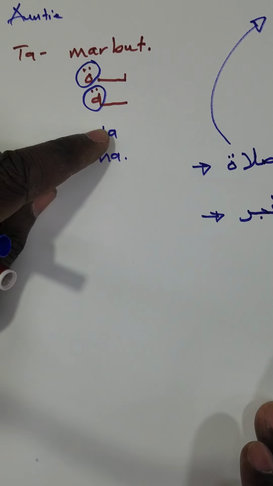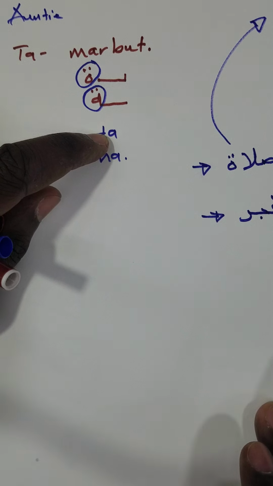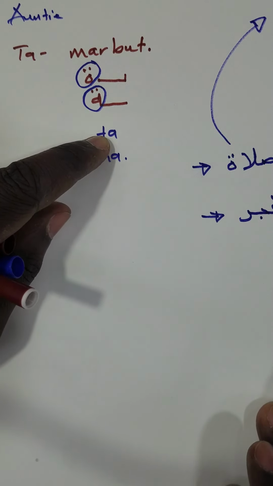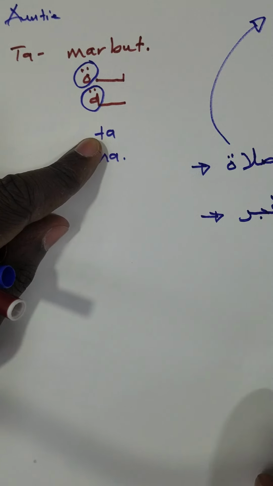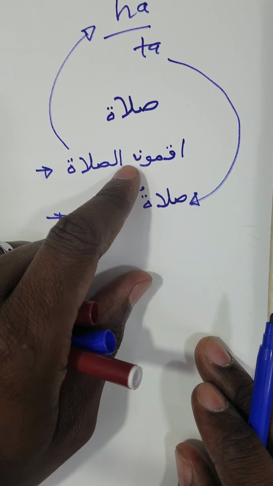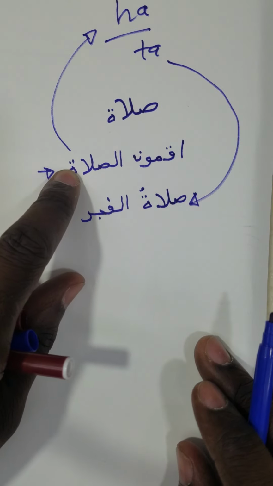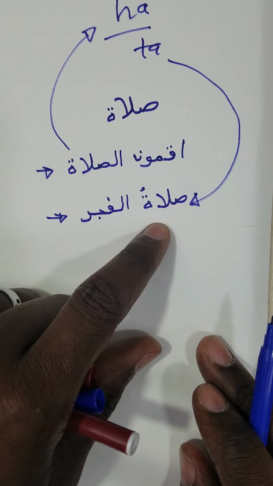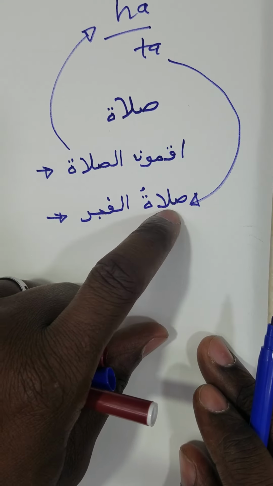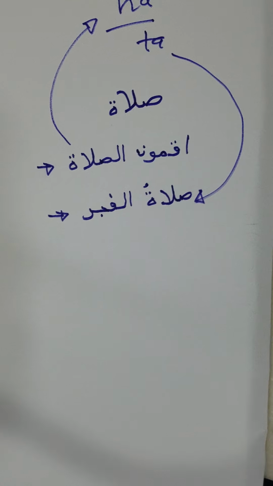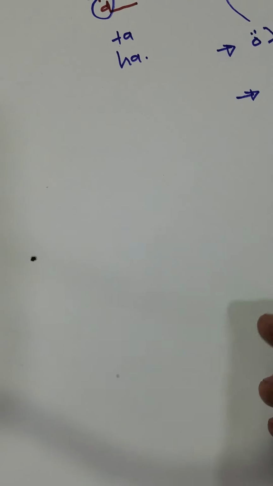But if it appears in the middle of a sentence on a word, it will take the sound ta. That's why I gave you this example: aqimu salah, it will take ha, but on salatul fajr, it takes ta. We have several other words that can give you a feel of what we're talking about.